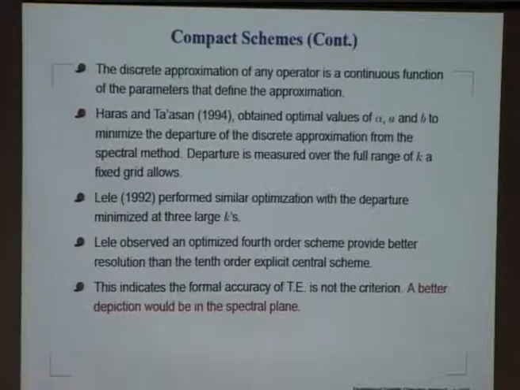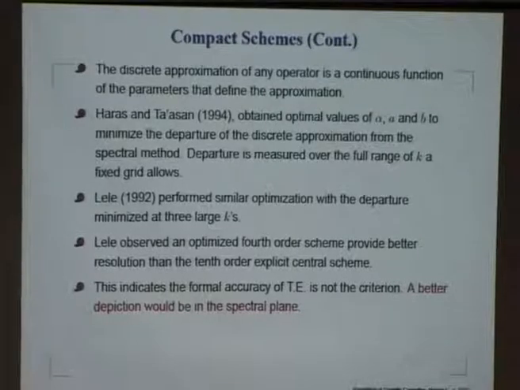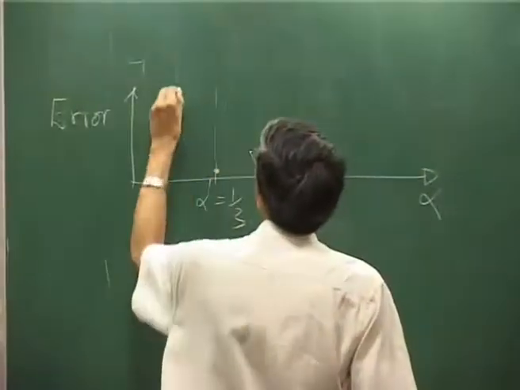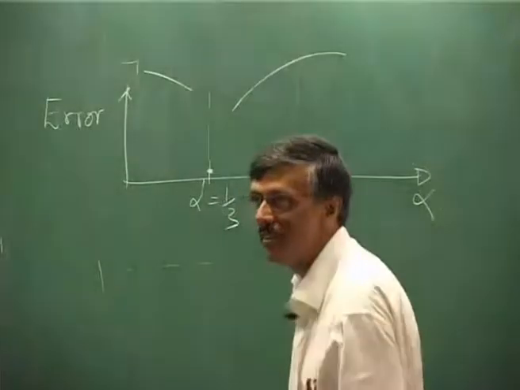Well, there is of course no prize for guessing that this discrete approximation of any derivative is essentially a continuous function. It is not discontinuous, as the supporters of higher order schemes would try to tell you, that if you do not choose alpha equal to 1/3, the error goes like this or like this.